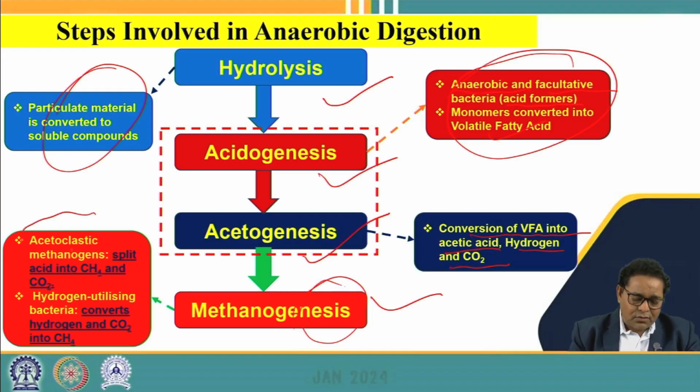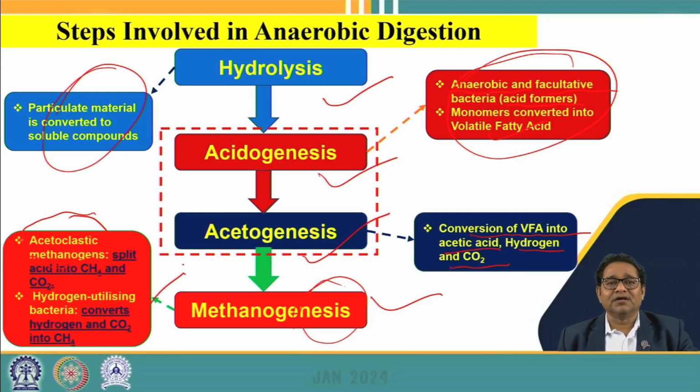One is the acetoclastic methanogens. These methanogens are active and split the acetic acid into methane and carbon dioxide. There is another group of bacteria called hydrogen utilizing bacteria, and this group of methanogens acts upon the hydrogen and carbon dioxide and converts them into methane.